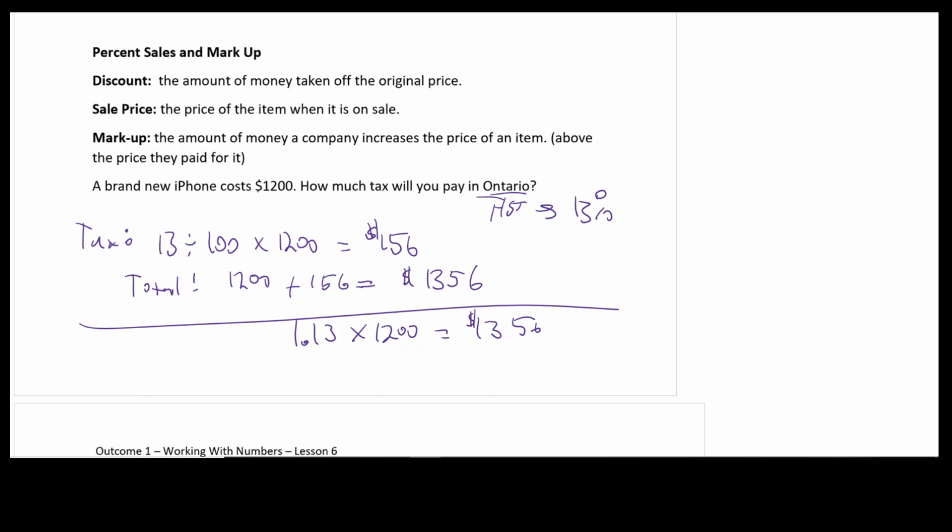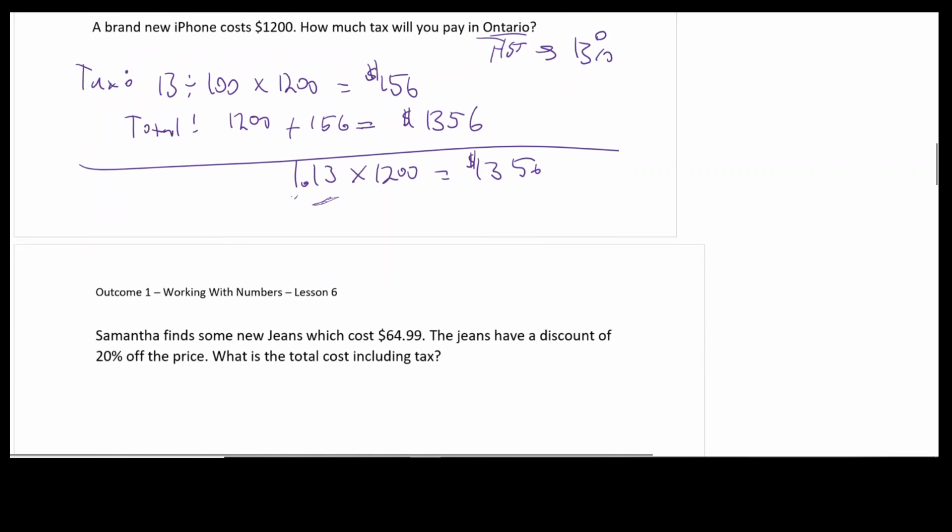So what that's doing is 0.13, that's 13%. If you do 1.13, that's including the $1,200 because you've got 1,200 times 1 is 1,200, and then 1,200 times 0.13 is 156. It's kind of combining those all together, and it gives you the total all in one step. So if you want to use that shortcut, you absolutely can.